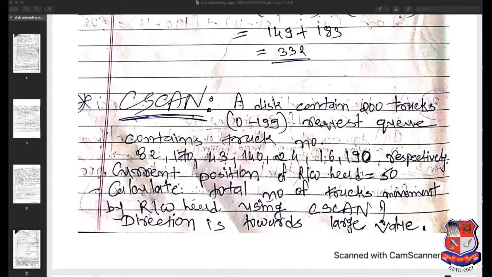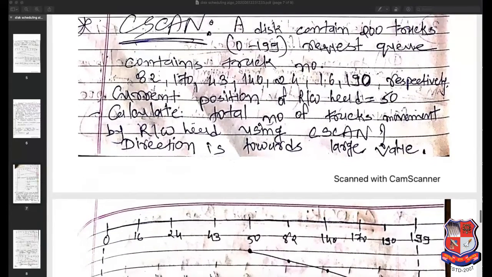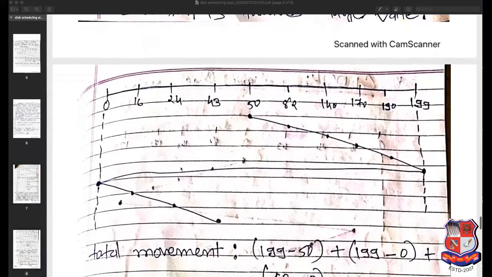Based on C-SCAN, my head position as per the question is 50. Step number 1 is to put all the request tracks into ascending order, so 16 to 190. The total number of tracks is 200, so my starting value is 0 and ending value is 199.